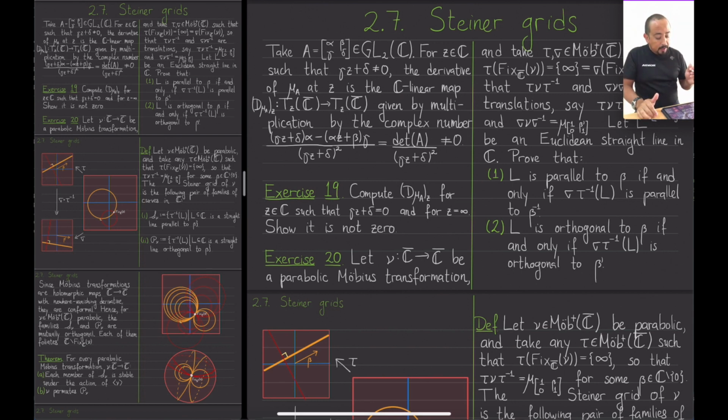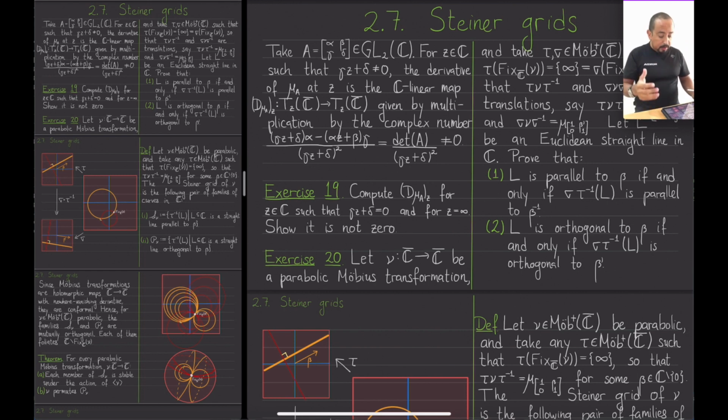Now for the derivative, one only has to be a bit careful that we're seeing C bar as a Riemann surface. When we have a Möbius transformation from C bar to C bar, we have to be careful around infinity, because we have to consider the charts around infinity, both in the domain and in the codomain.